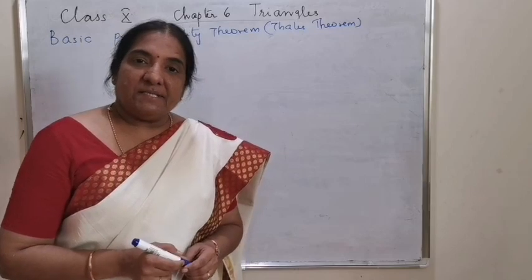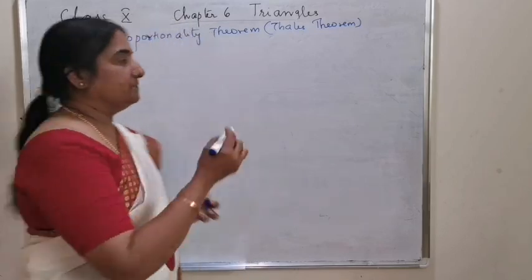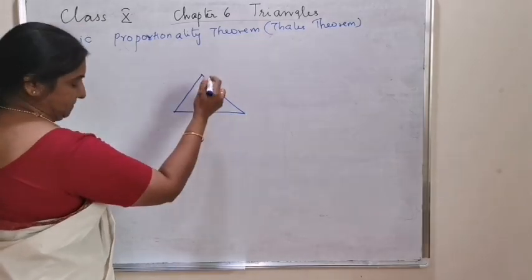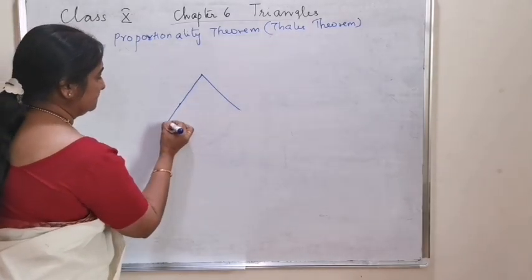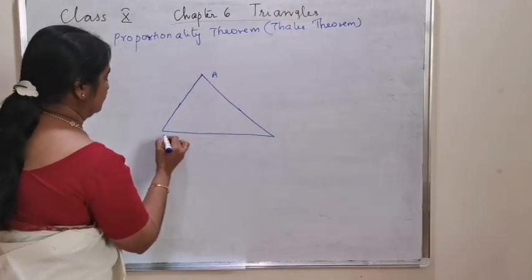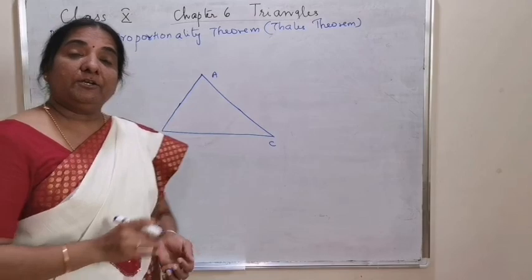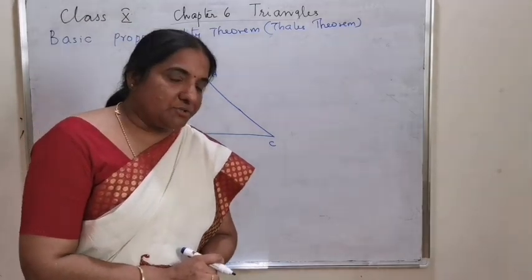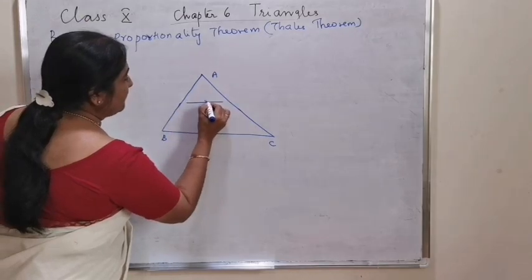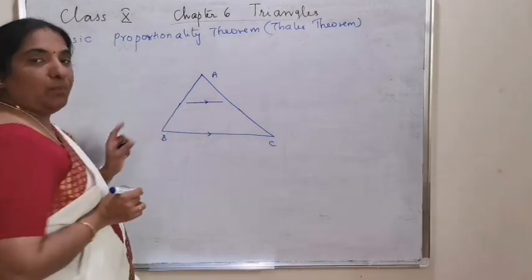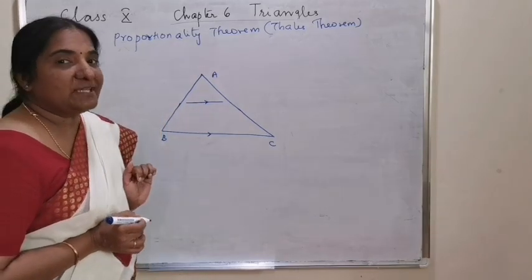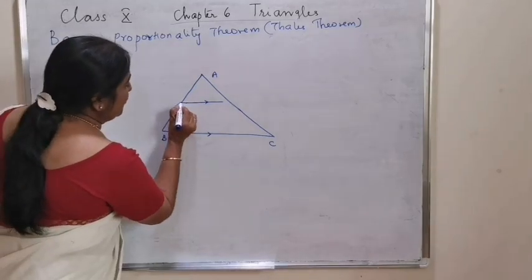The statement is, in a triangle, a line drawn parallel to one side to intersect the other two sides at distinct points.